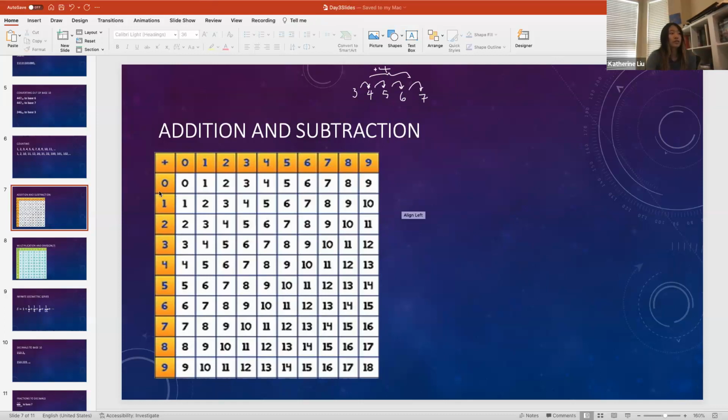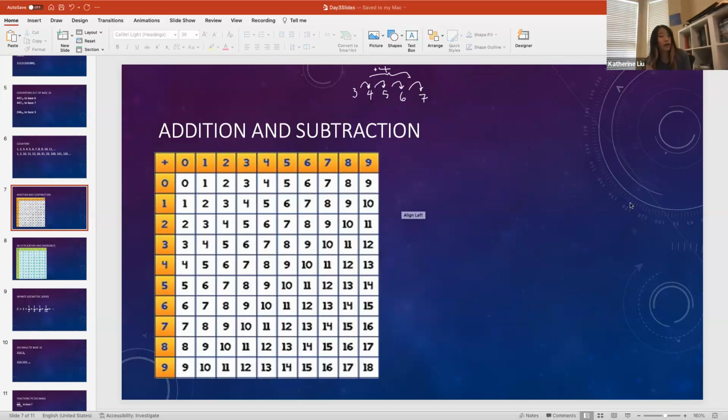So there's an addition table base 10, which is like we have 0, 1, 2, 3, 4, 5, 6, 7, 8, 9. To add numbers, we look at the row for one number and the column for the other number. So it's like 3 plus 8 equals 11. And I'm sure you know how to do that.